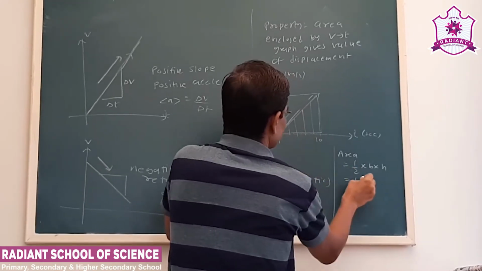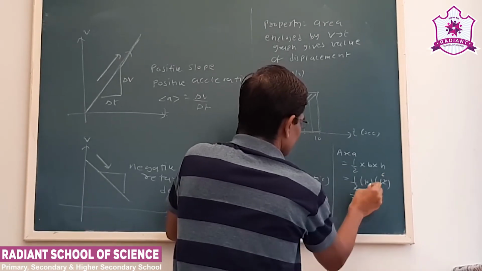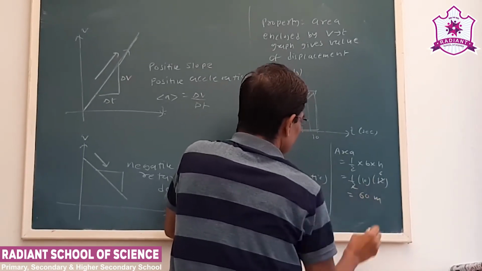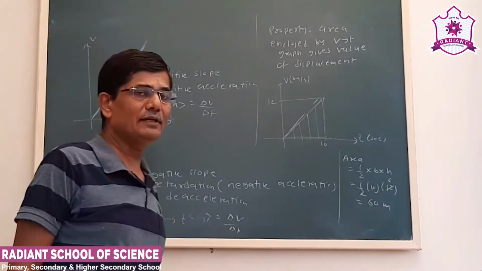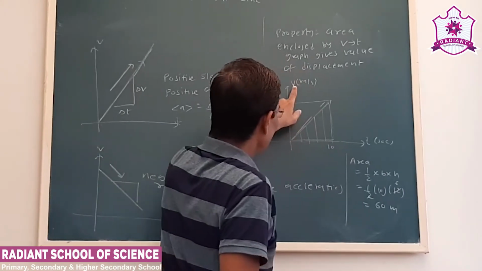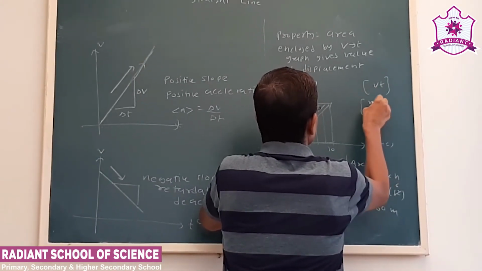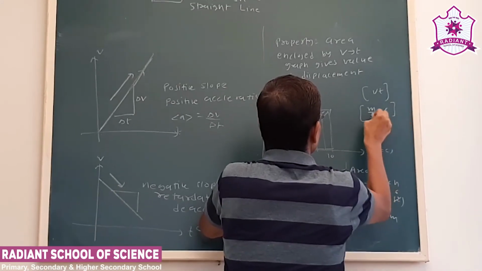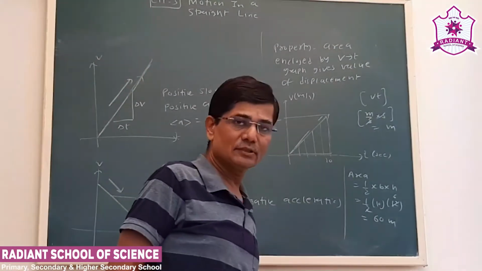Half, base value is 10 and height is 12. Going by dimensions, if we multiply the unit of velocity and time, we get meter, which is the unit of displacement.